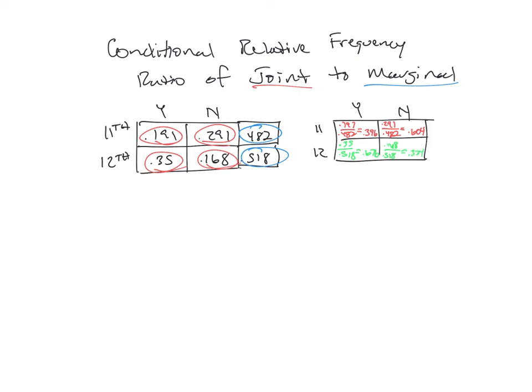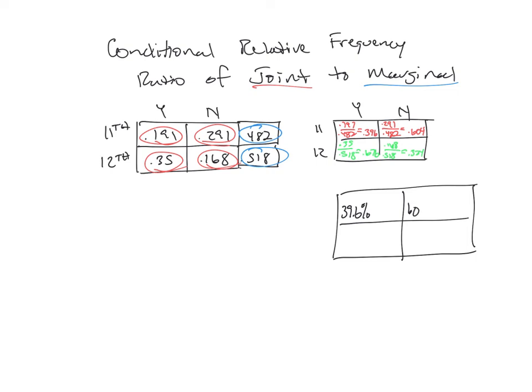Okay, so what is this telling us? In this box, we got 39.6%, right, and then we got 60.4%.